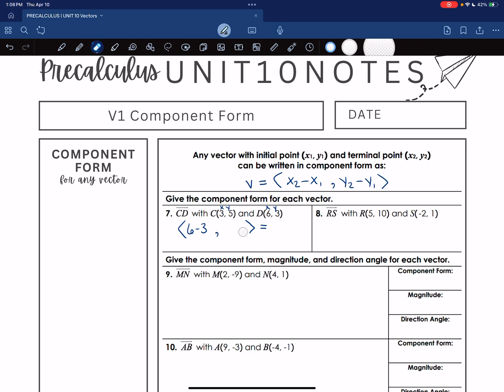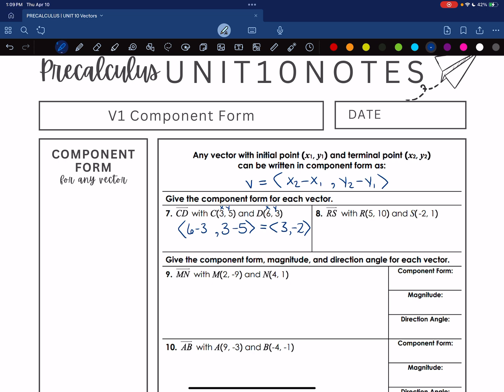You've always got to do your second value minus your first, your terminal minus your initial. So 3 minus 5. There we go. And then that gives us 3, -2. There you go. Now you guys try example number 8.